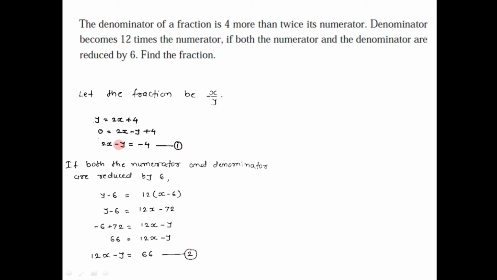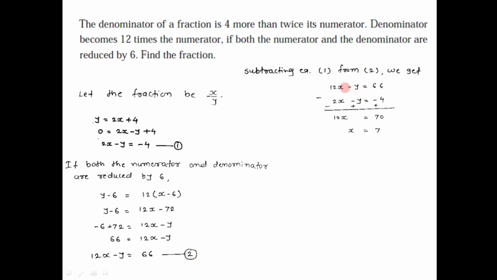For that, compare the coefficients of y, as it is 1 in both of these equations. Signs are also the same, so we should subtract these two equations. Subtracting equation 1 from equation 2. We write equation 2 first, that is 12x minus y is equal to 66.